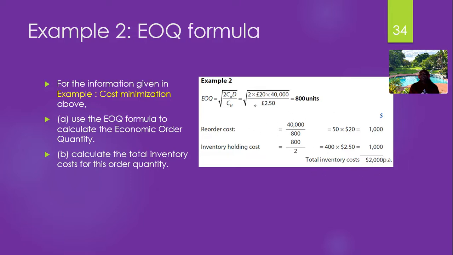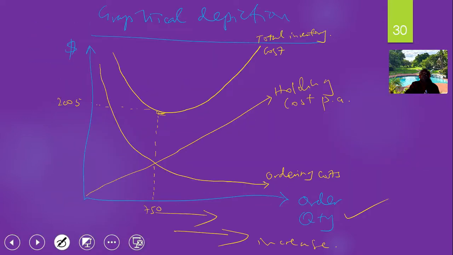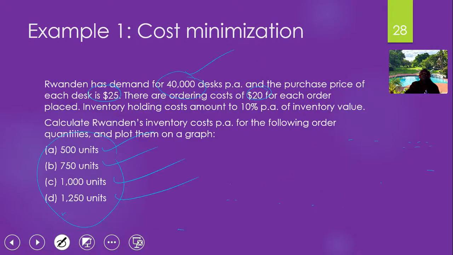And the reorder cost now becomes 4,000 divided by 800, which is equal to 50 orders, multiplied by $20 per order. Because if you still remember, in our example the ordering cost was $20 per order placed.